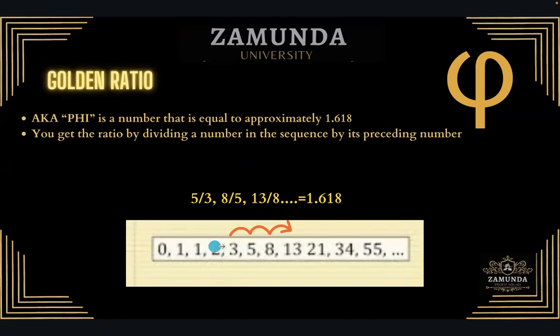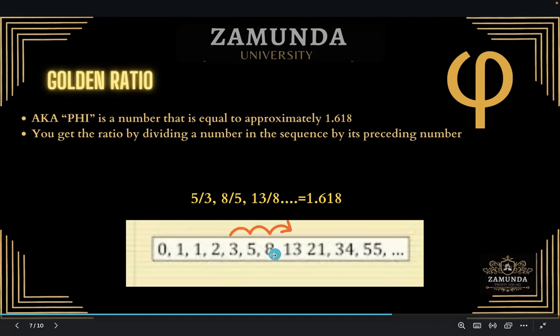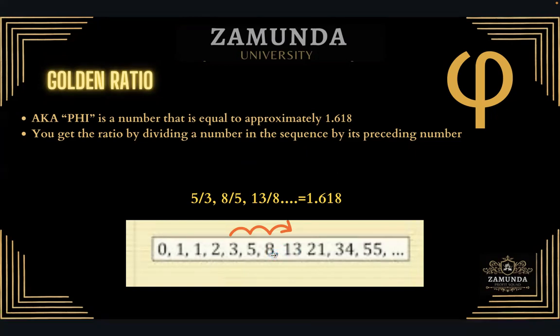For instance, 5 divided by 3 is approximately 1.618, and 13 divided by 8 is approximately 1.618. The larger the numbers you divide, the closer to 1.618 you get. So 55 divided by 34 will be closer to 1.618 than 3 divided by 2.